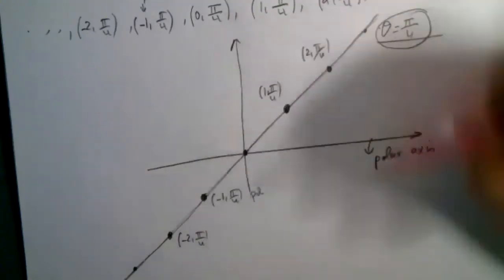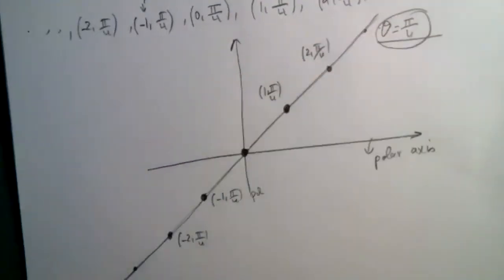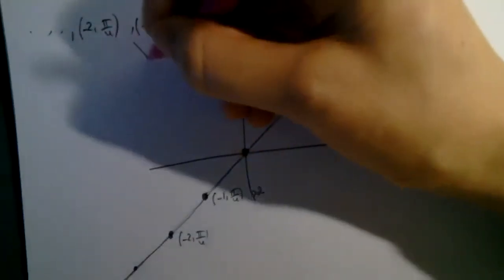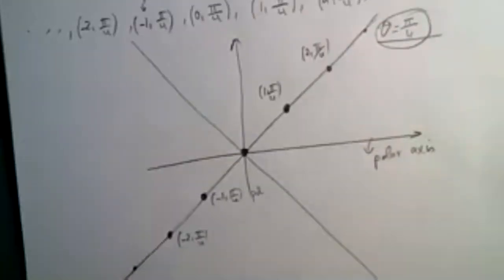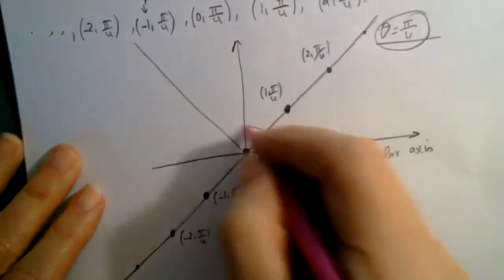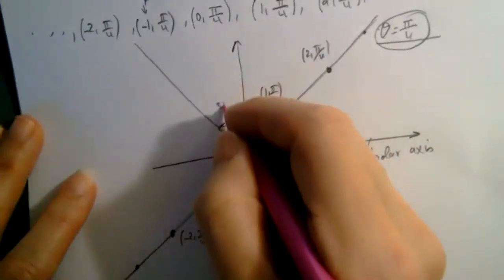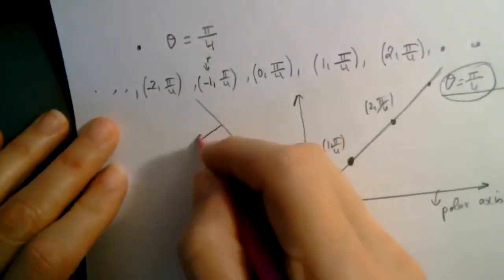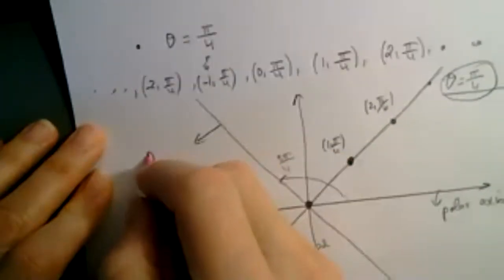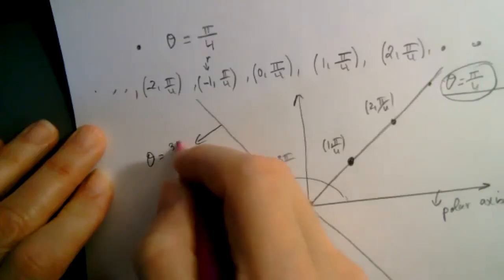So now lines through the origin will be actually written in a nice format in polar. If I take this line here, let us say this angle from here to here is 3 pi over 4, then the equation of this line in polar coordinates will become theta equal 3 pi over 4.